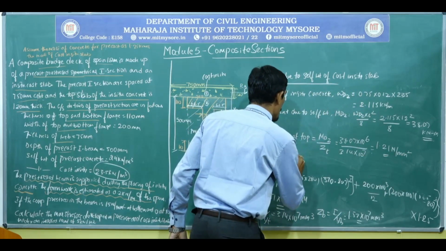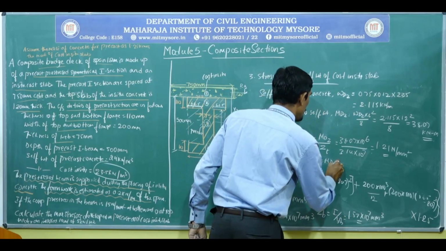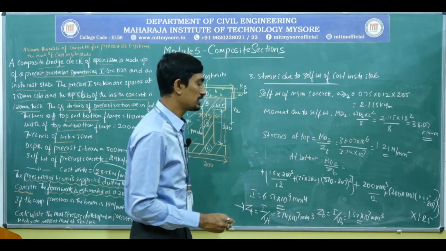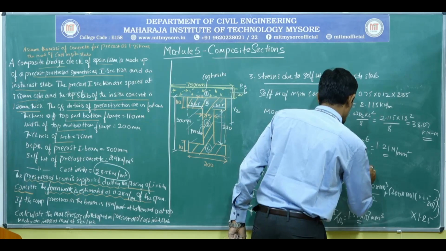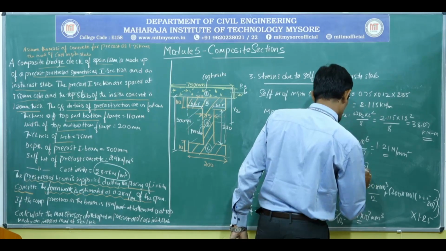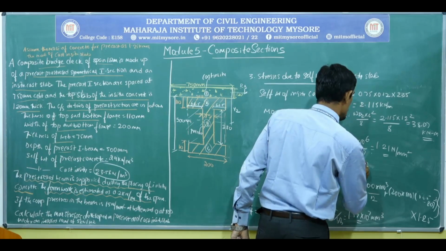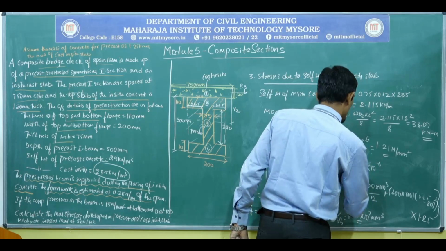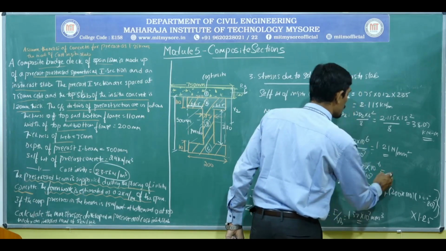Next, at bottom: MD2 divided by Z bottom, which is 38.07 into 10 to the power of 6 divided by 1.57 into 10 to the power of 7.